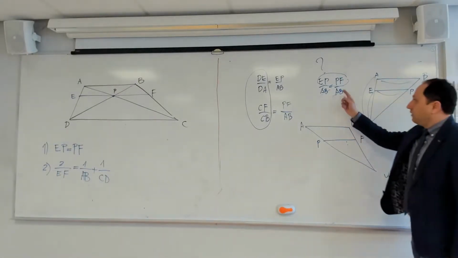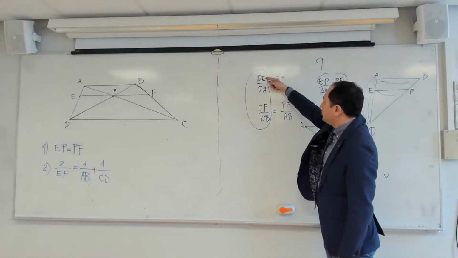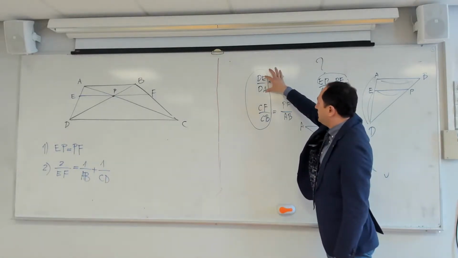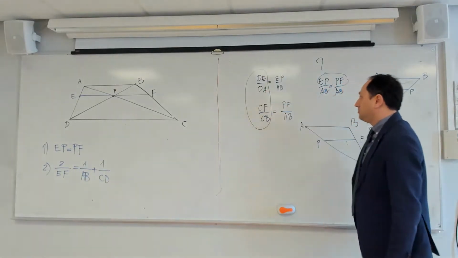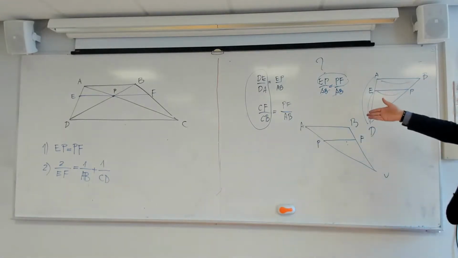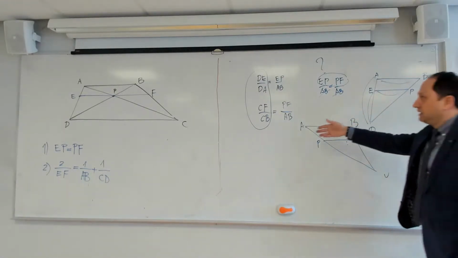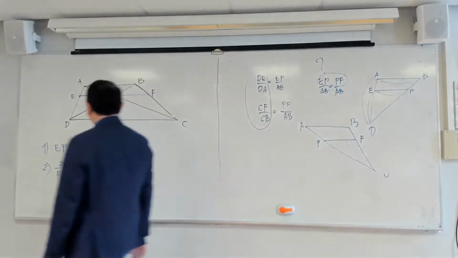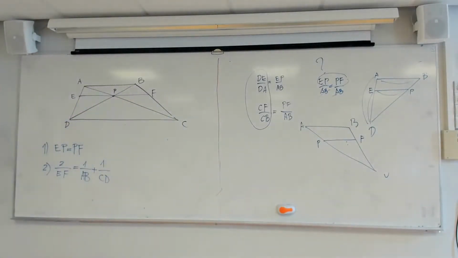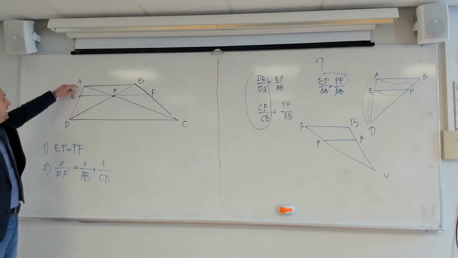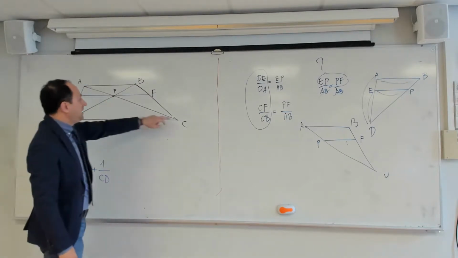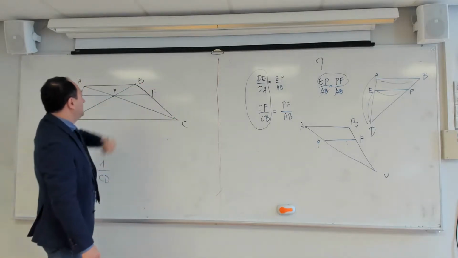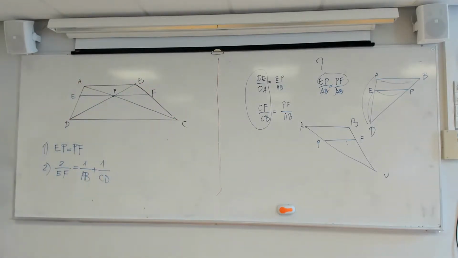Okay, so now let us try to concentrate to show that I can prove that this is equal to that. You might say this new problem is harder than the previous one, but I wouldn't say so. If you see how you can show that DE over DA is equal to CF over CB, then I am done.